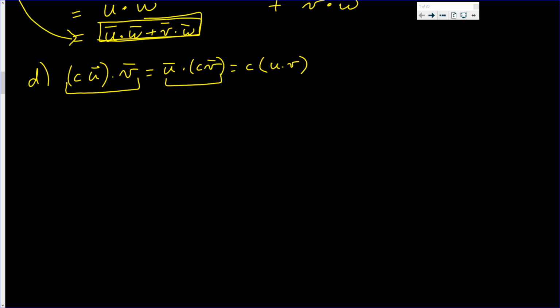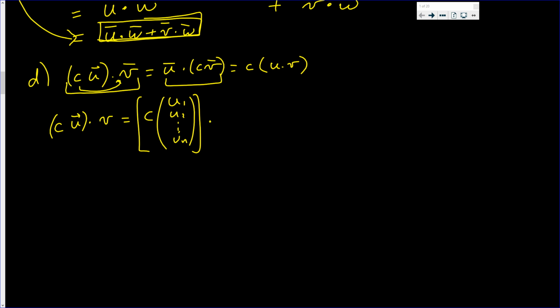That is, I can move the c between the u and the v. So c times u dotted with v. Well, here is c times u. C, here's u, u1, u2, up to un. That gets dotted with v, which is v1, v2, up to v sub n.